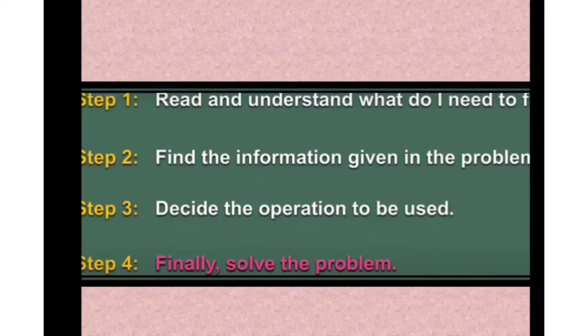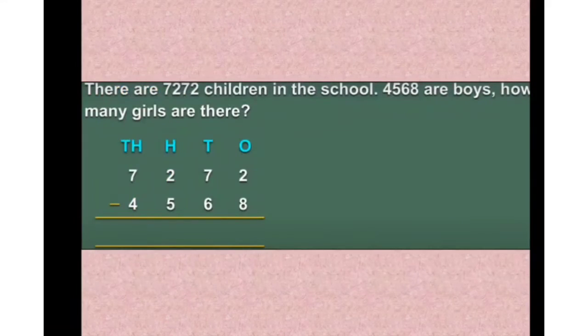So now we have one example. There are 7,272 children in the school. 4,568 are boys. Then how many girls are there? First of all, read the question two times.